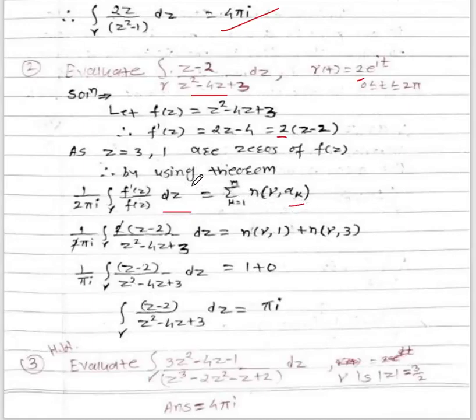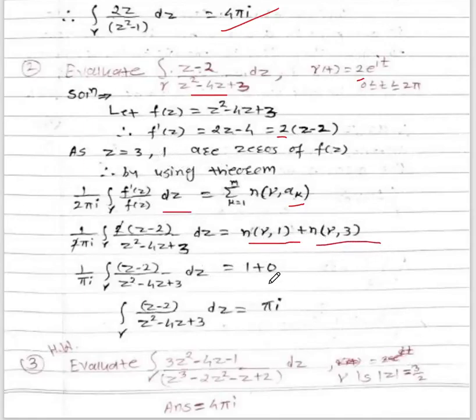Ak means a1 and a2. So put the value of f dash of z. What is f dash of z? That is 2 times z minus 2, divided by z square minus 4z plus 3, dz. So the index of the closed curve at the point 1 and the index of the closed curve at the point 3.